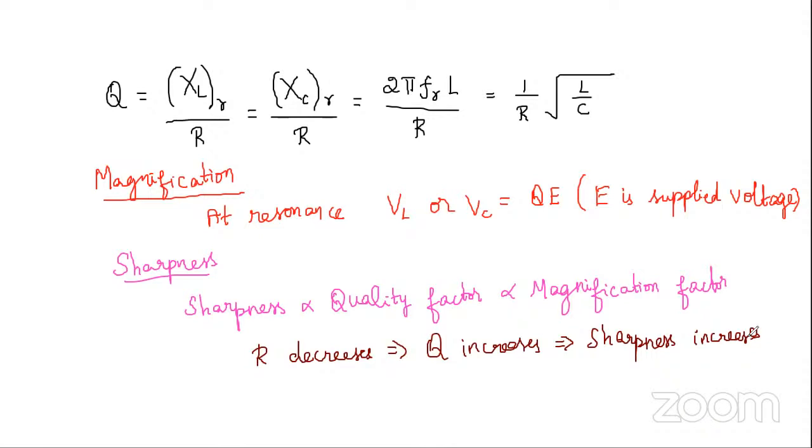Then only you will be able to get a good command over the concepts, and you can solve the numerical problems easily. So be prepared for the test which you will be getting tomorrow. And that test will consist of questions from alternating current on the topics whichever we have discussed up to this point.